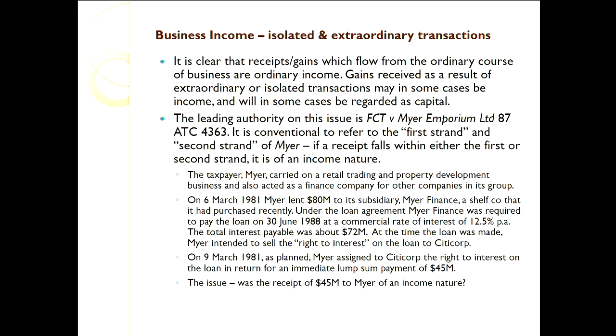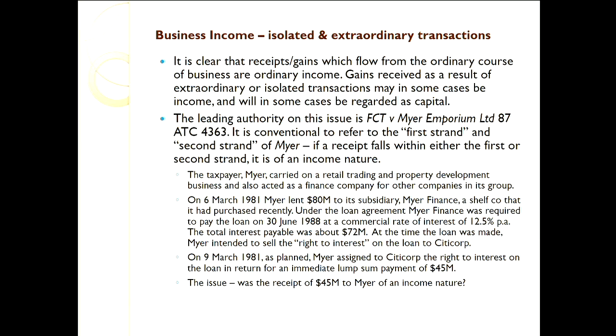Now, to give you the big picture here, there's actually three ways in which a receipt from an extraordinary transaction can be captured as ordinary income, right? Myer 1, Myer 2, and under the Whitford's Beach test, right?